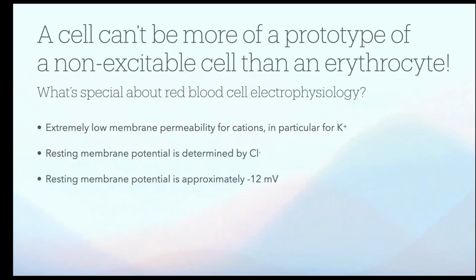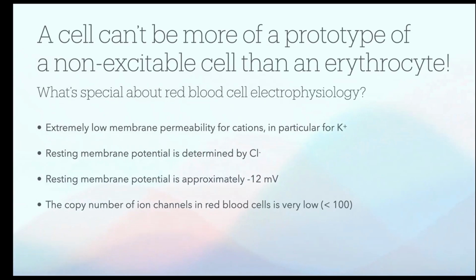And, well, what is also special about red blood cells is what we already heard before, that the copy number of ion channels is very low. I mean, for a particular type of ion channels, well, most probably for all channels below 100, for some even lower. And, well, what you also always need to keep in mind, there is no translation activity.